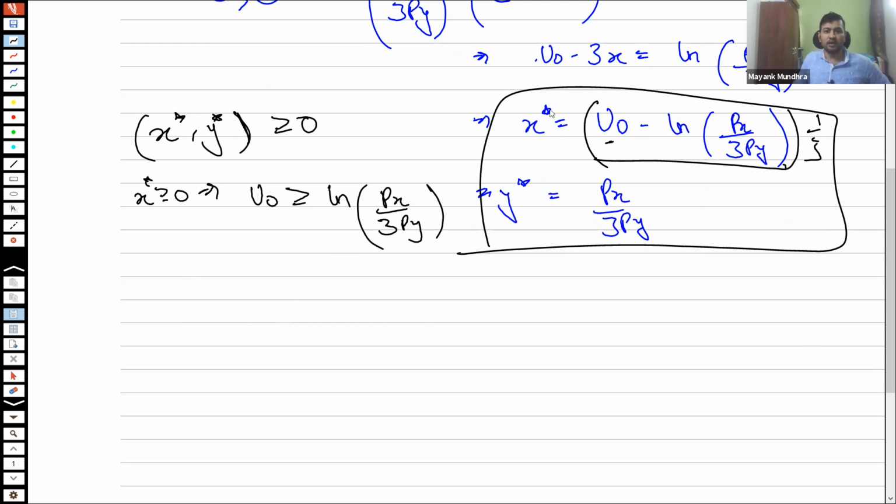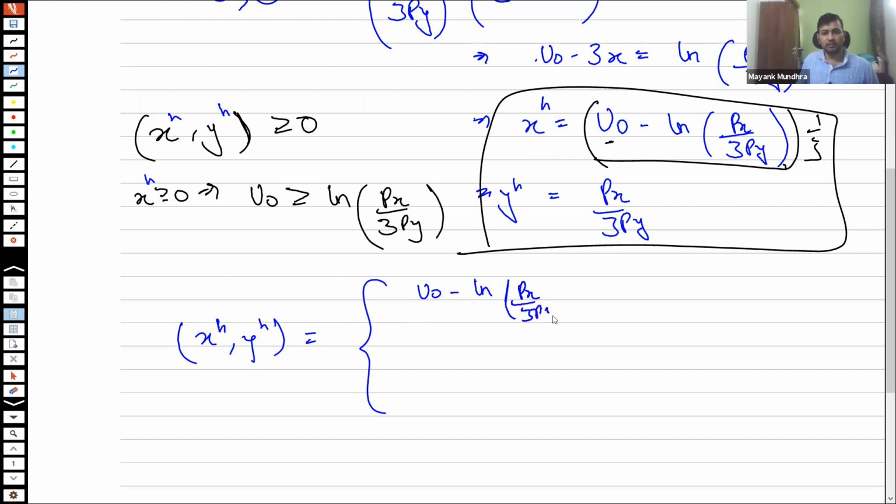So your final Hicksian demand, let me write this as xh and yh, because x star y star is used for Marshallian demand. So let me not confuse it. So x Hicksian comma y Hicksian is equal to u naught minus log px by 3py, comma px by 3py, if, let me call this condition A, if A is true.